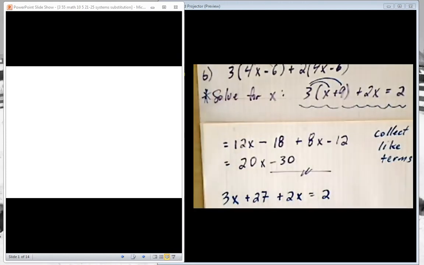Okay. Now some thinking. What do we got? We combine 3x plus 2x. Oh, Dunya, hello. Yes, we do. Dunya beat you. Those two, what happens to them? Speak up. 3 plus 2 is 5x. 5x from these two.